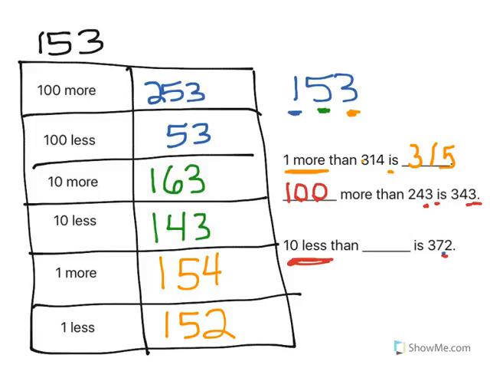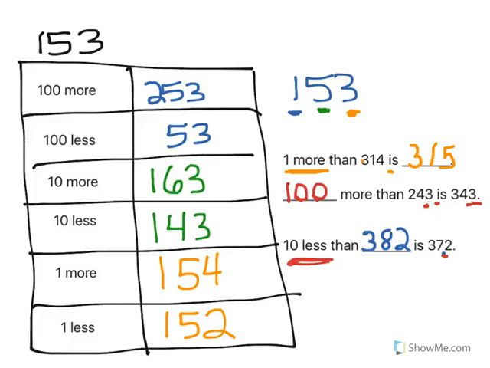So 10 more than 372 is 382. So 10 less than 382 is 372.